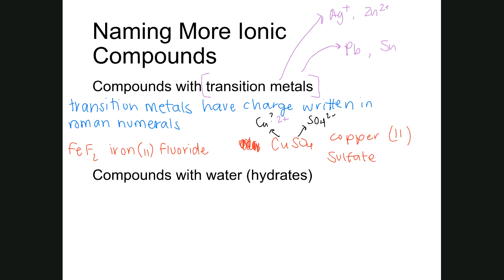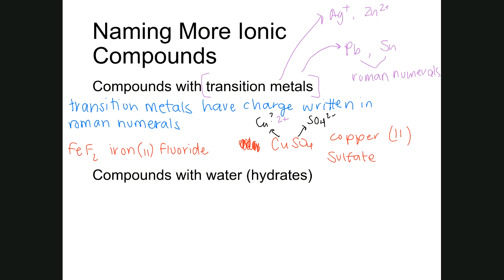They're in that column where we said that we switch our charges, and this is because these can be either +2 or +4. So for lead and tin, even though they're not in the transition metal section, we have to treat them as transition metals. We have to use Roman numerals to say what type of ion we're looking at, whereas for silver and zinc, we do not need to use Roman numerals.